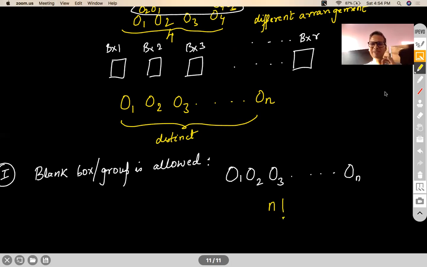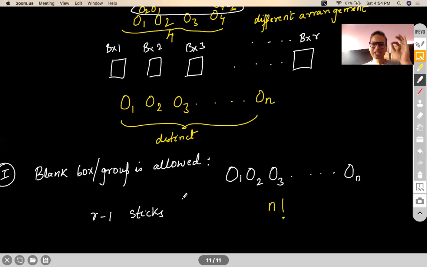Now what I will do, I will treat these boxes to be like partitions. So I have to create R partitions. To create R partitions, I would need R minus 1 separators, or you can say sticks.